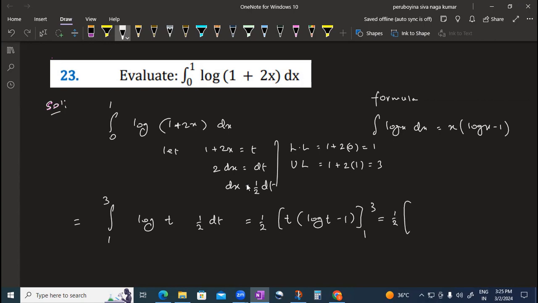So 1 by 2 of, first I am substituting the upper limit, 3 times log 3 minus 1, minus the lower limit, 1 times log 1 minus 1. So 1 by 2 times 3 log 3 minus 3, minus, 1 of log 1 is 0, minus 1.